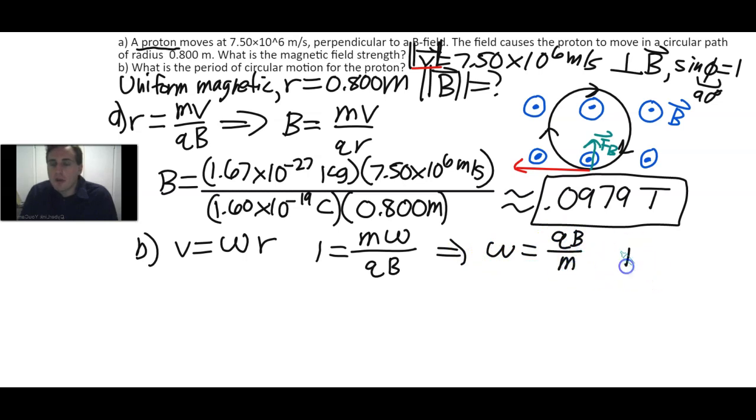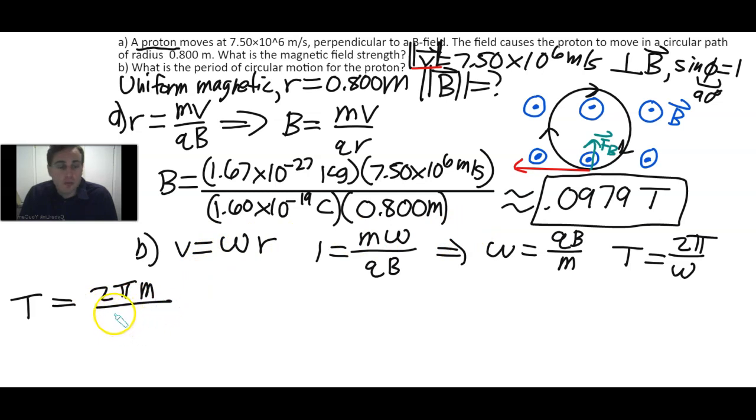Recall that the period is 2 pi over omega, where omega is the angular velocity. Putting that expression in, the period is 2 pi m over qB. Remember, the period and the angular velocity are independent of the radius. That's why cyclotrons work, because they don't depend upon the radius.